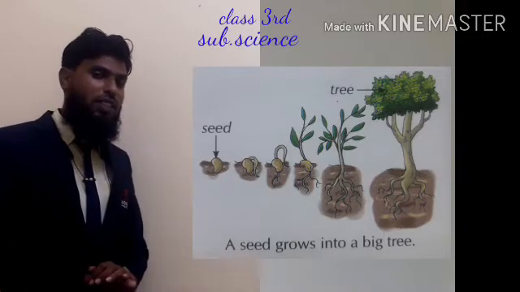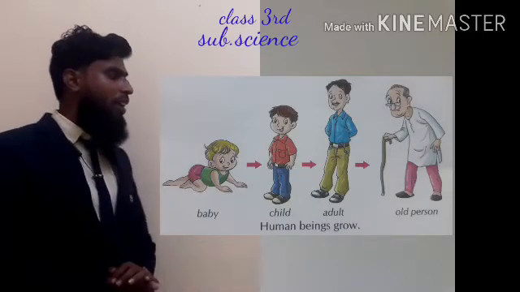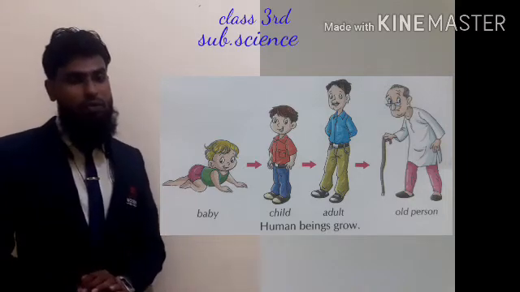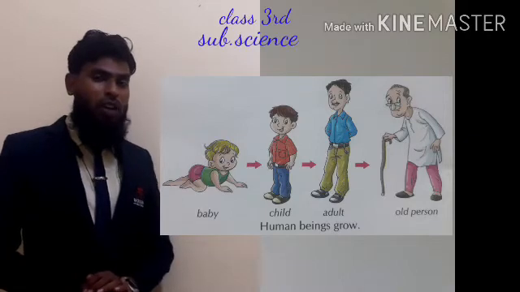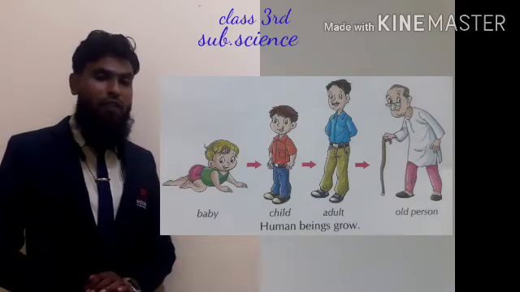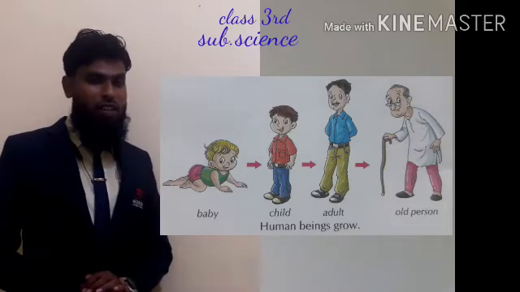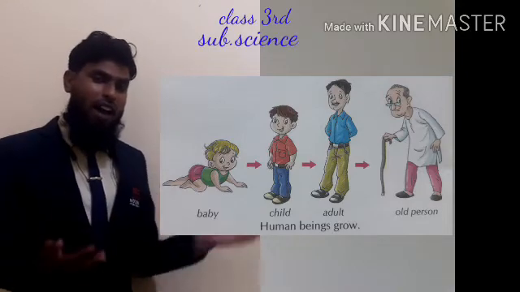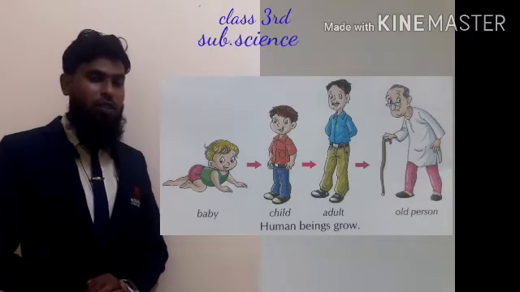Next example is a human baby grows into an adult and then to an old person. A human baby grows into an adult and after a few years an older man and dies. These are all examples of growth.